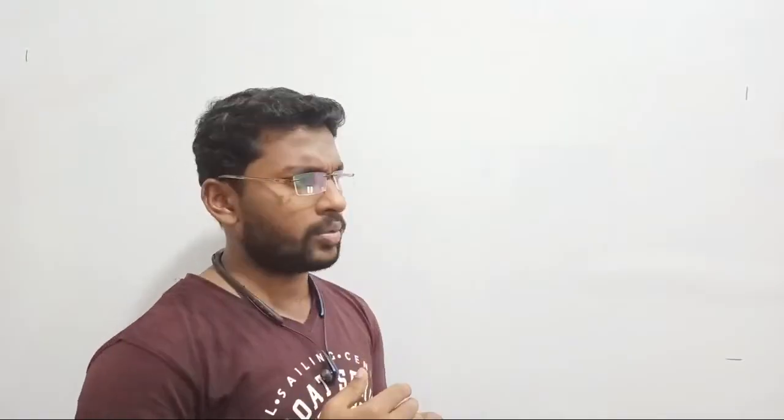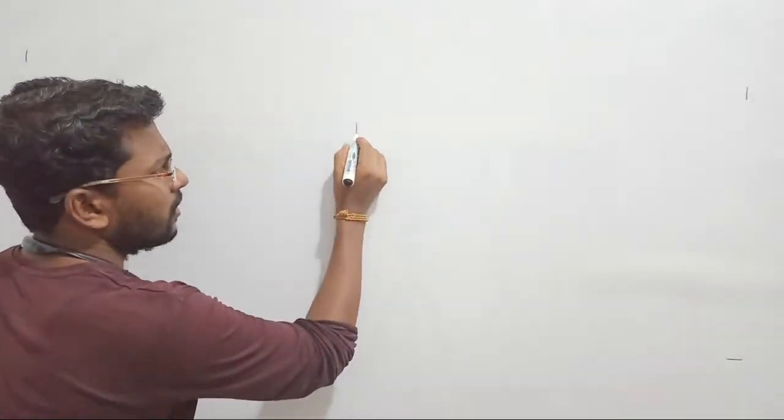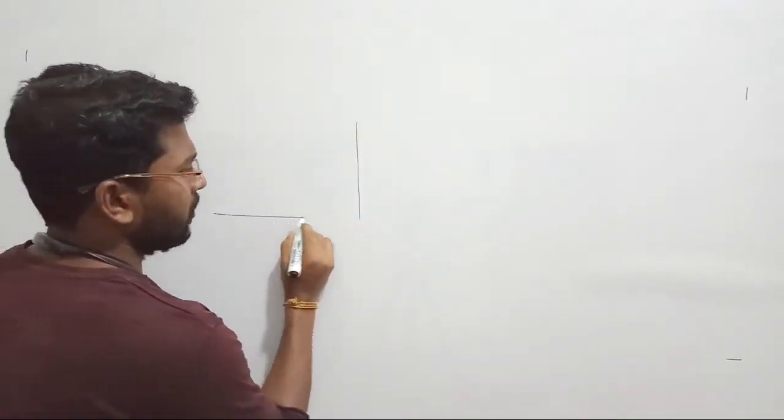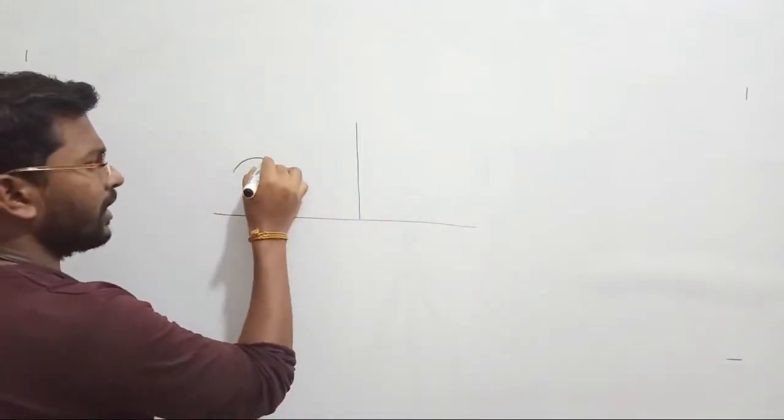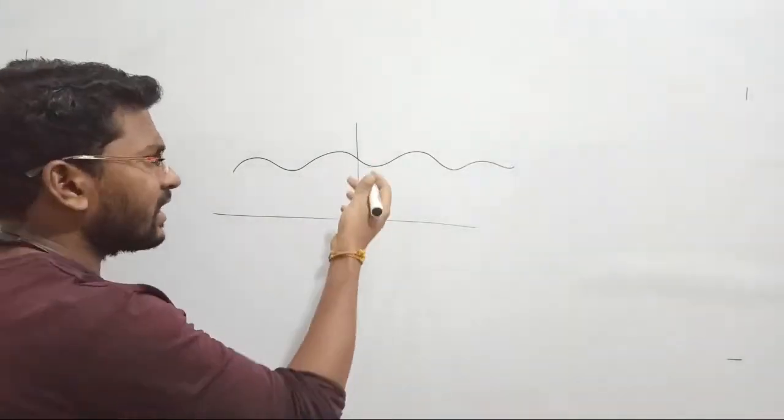The problem is, when we convert a continuous time signal to discrete, when we look at the y axis, guys listen, in the sampling theorem I took an example. For example, I am taking some random signal like this. Now let us discretize this signal.